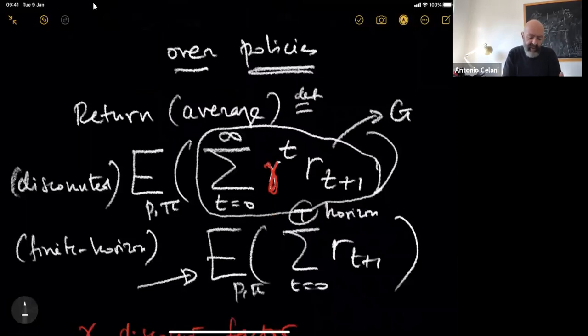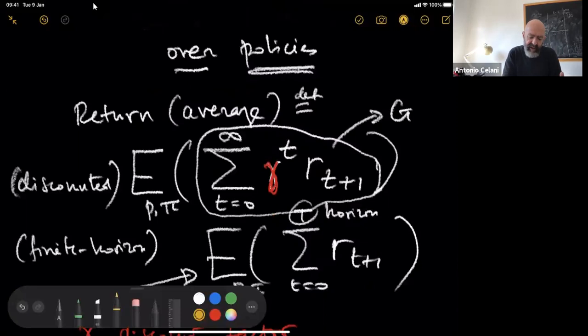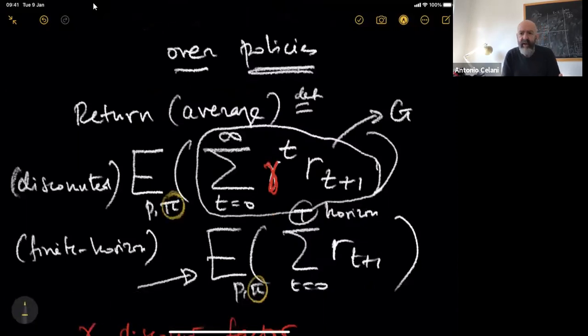But remember that we can only act on this. So that's the only set of parameters over which we can optimize. Okay, so this is basically the formal setting for Markov decision processes.